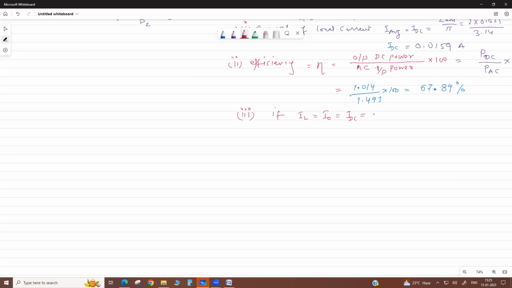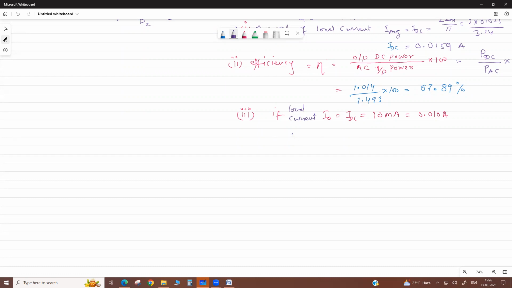Milliampere means 0.010 ampere. If load current is given, it means output current DC value.